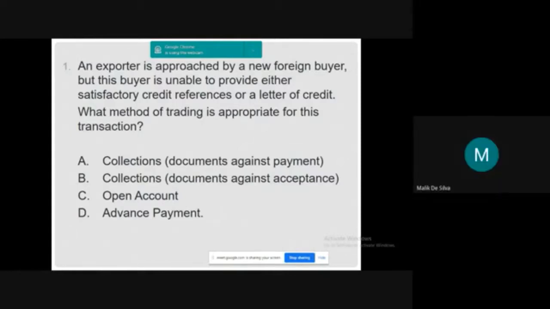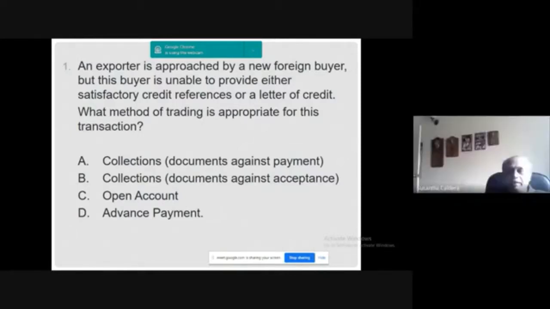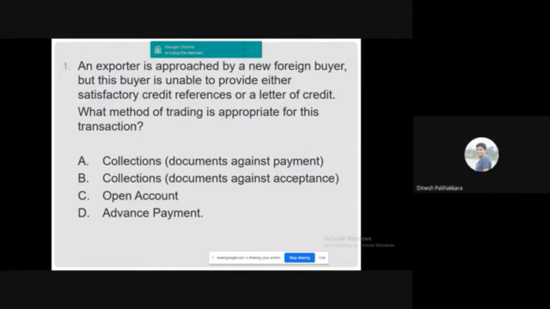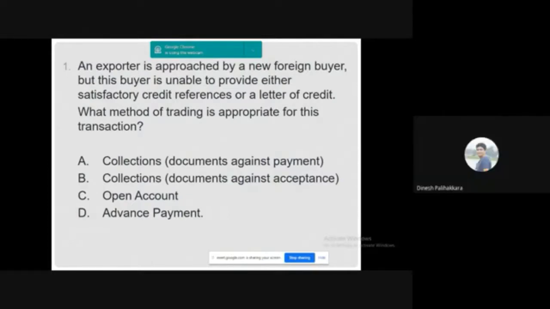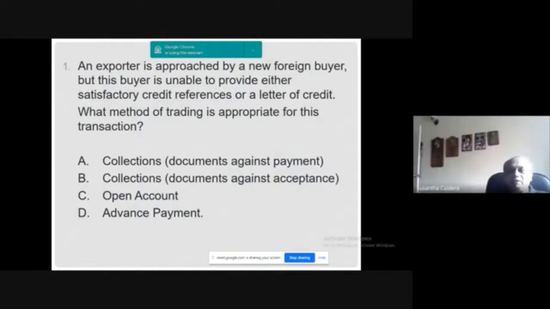A. An exporter is approached by a new foreign buyer, but this buyer is unable to provide either satisfactory credit references or a letter of credit. What method of payment is appropriate for this transaction?